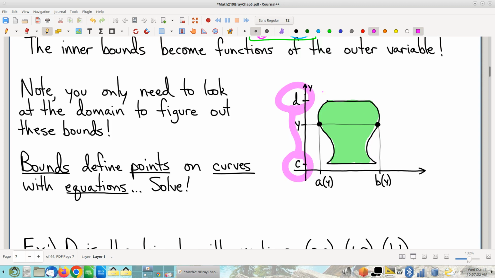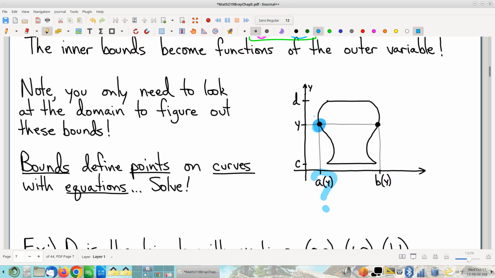And then for any given value of y between those y bounds, your x bounds are going to go from there to there. And how do I, in practice, determine what these functions are? We're going to look at the picture and connect the dots as needed from the picture as follows. For example, this lower bound here, notice it comes from that point.